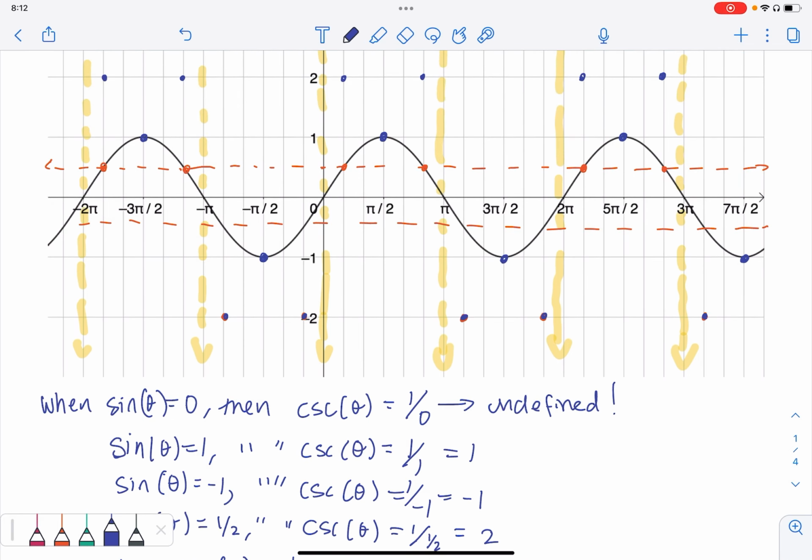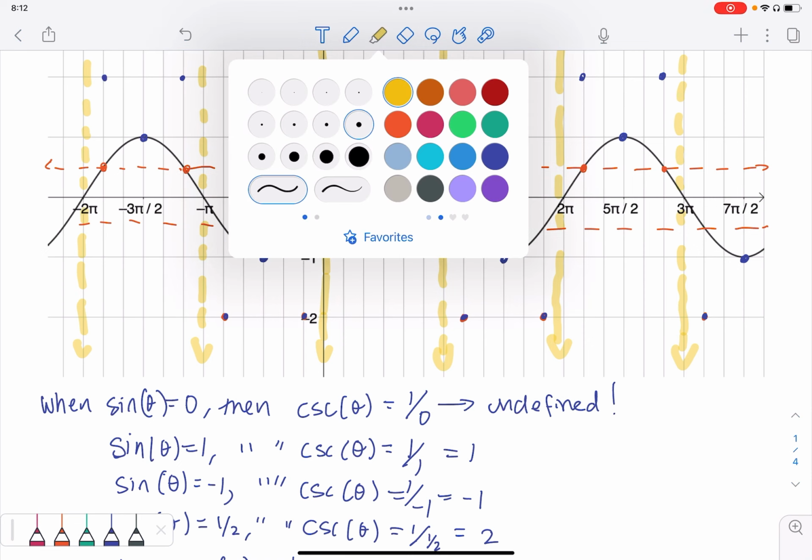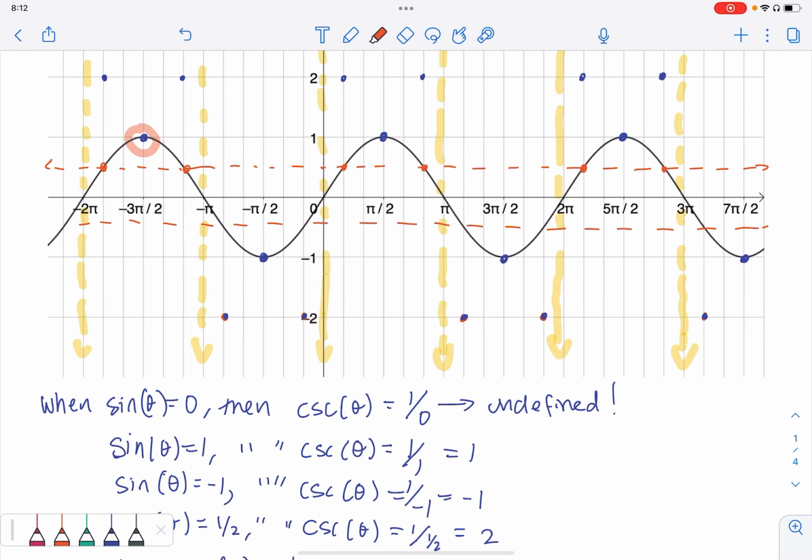That happens in these little areas like here. Right around that value, the sine output value just dips barely below 1. And so my outputs are just barely above 1 there for cosecant. 1 divided by something just smaller than itself is going to have an output just bigger than 1. The same thing happens down here. We get that kind of symmetry in the graph here.